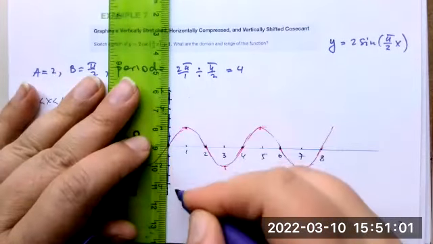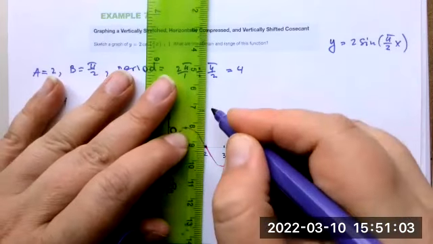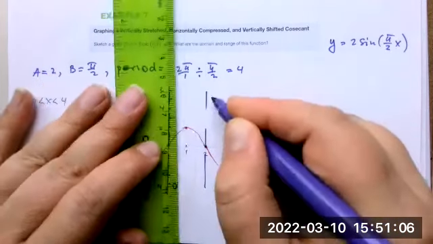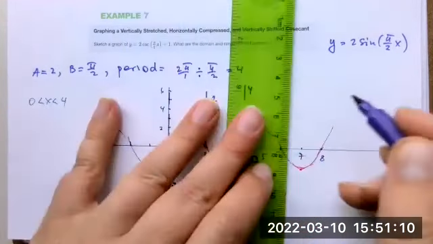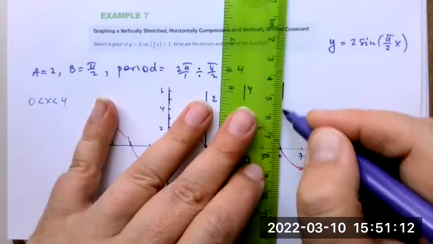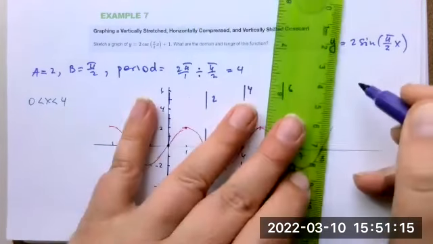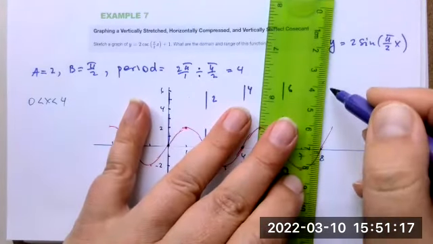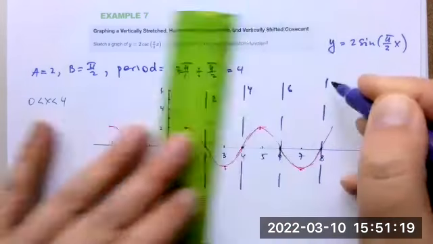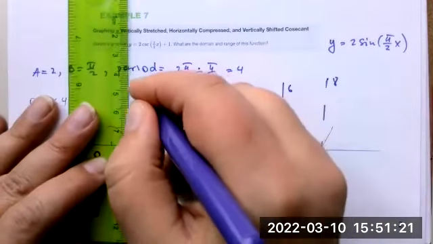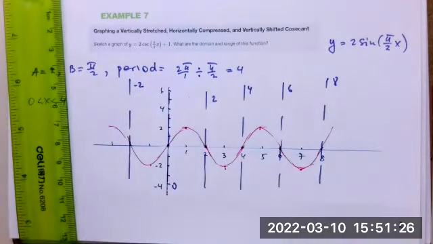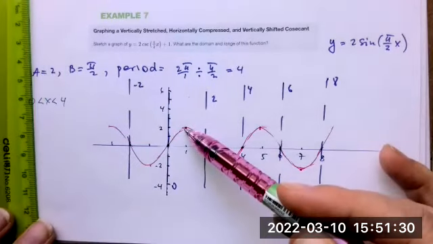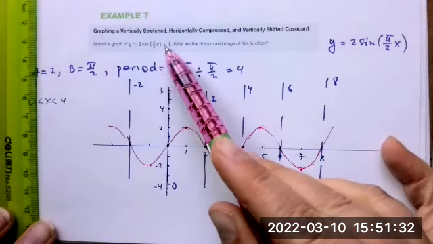They're going to go through 0, 2, 4, 6, 8, and so forth, -2 as well.